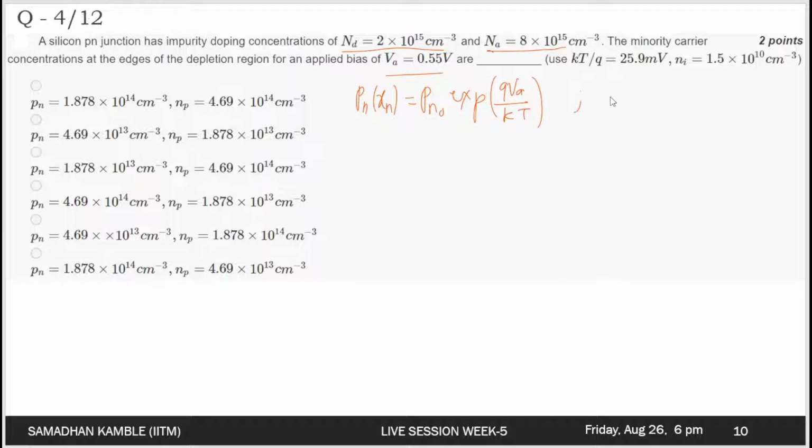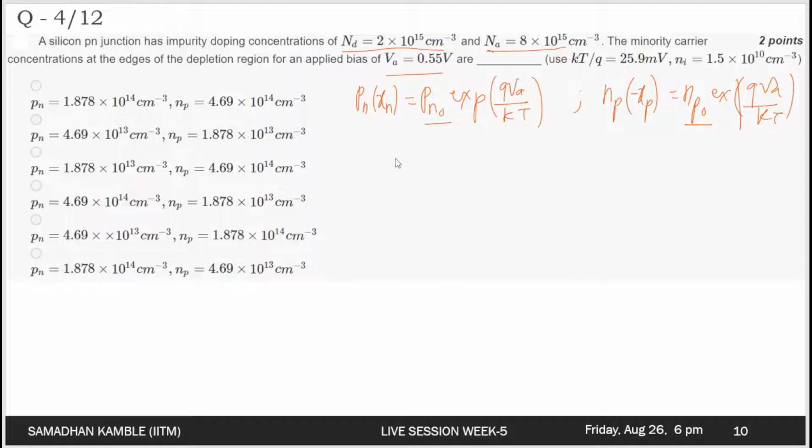and similarly NP at minus XP, that is at the edge, is also given by NP naught times exponential of QVA by KT. Now let us first find out the Pn naught and NP naught values, so that we can substitute and get the values of the minority carrier concentrations.